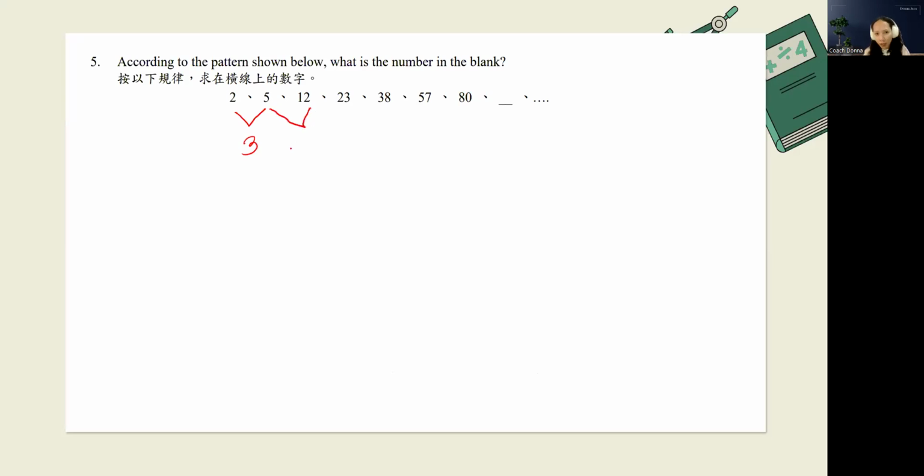To get to 12, you'll have to add 7, right? I just did that by 12 minus 5, by subtracting. That's 7. Even between 2 and 5, I got 3 by subtracting 5 and 2. And even here, 23 minus 12, you'll get 11. And then here, you'll get 15 as their difference.